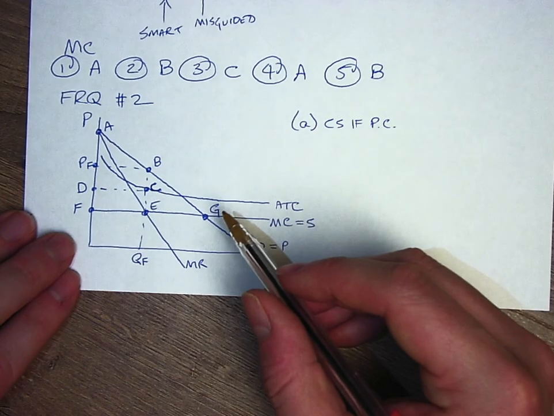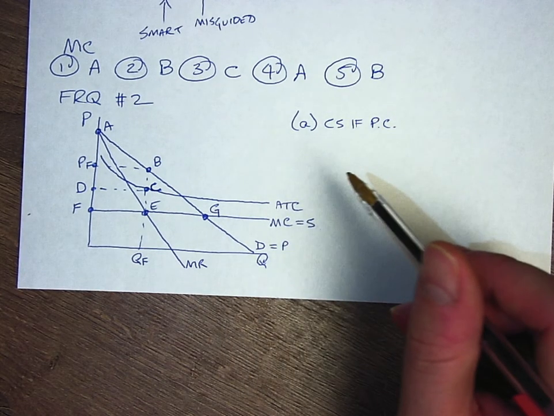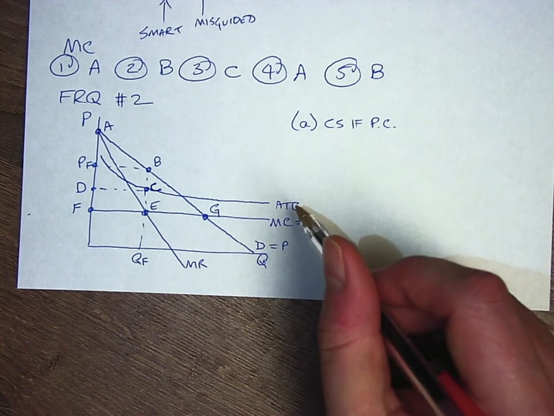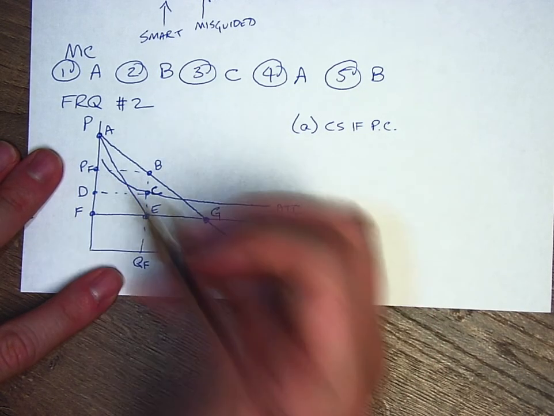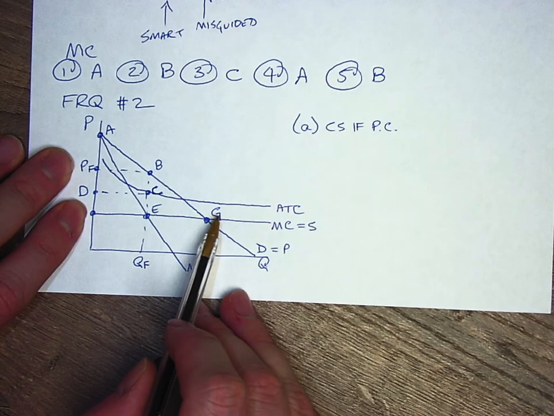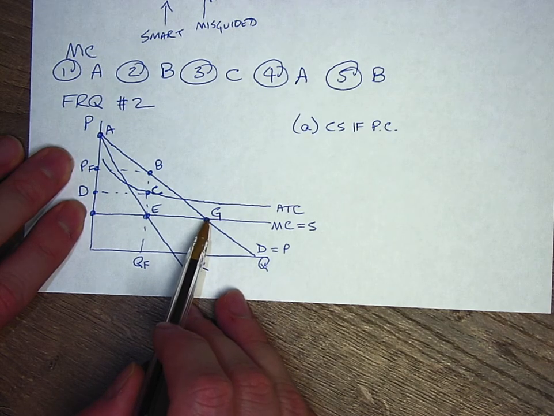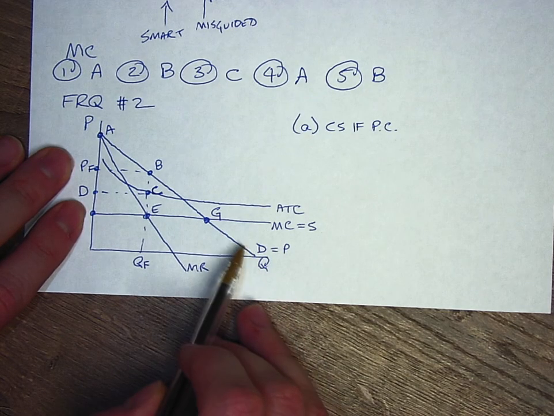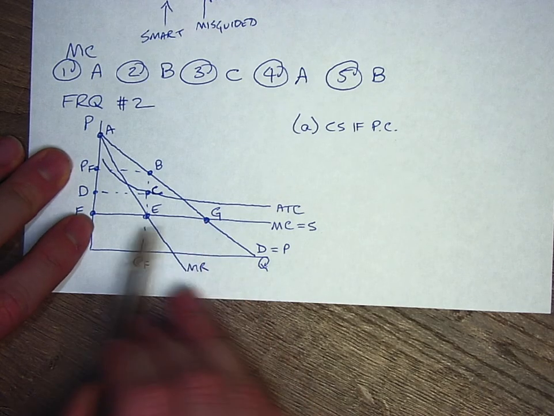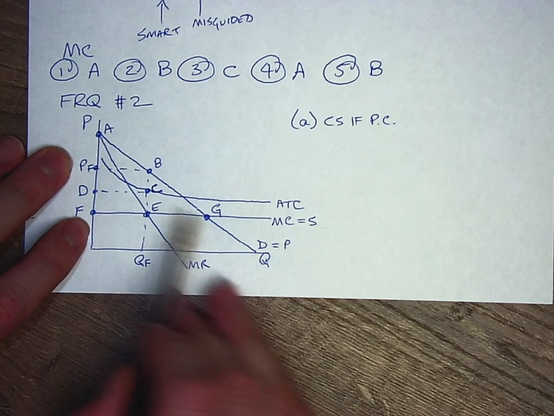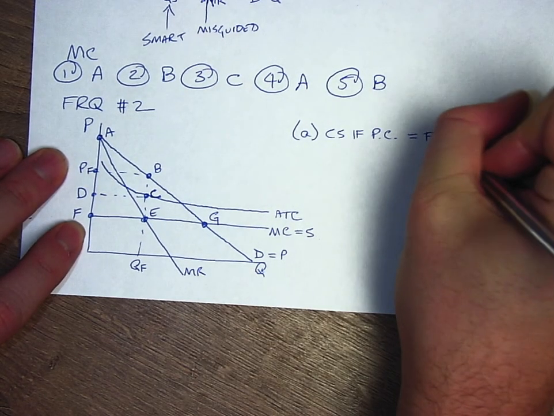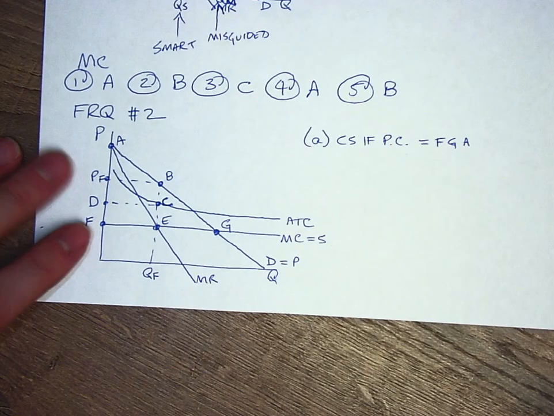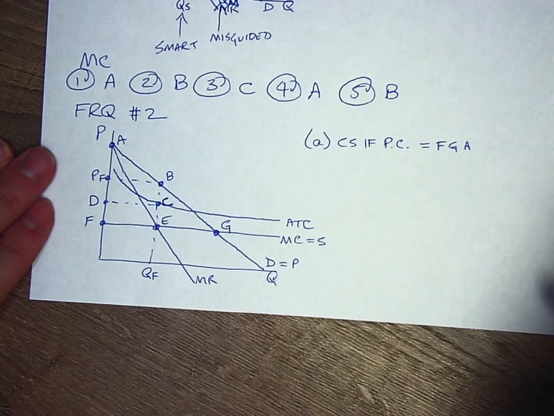So for us, it would be G all the way over to F, because that's the price if we had this quantity of production. In perfect competition, supply and demand equal each other, and that's the price. So it would be F to G all the way up to A. And again, your letters could differ if you had different points on here.